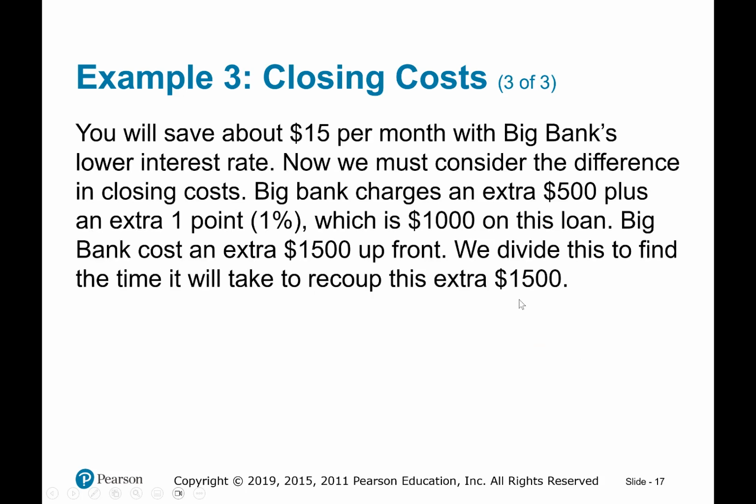So now you're going to save about $15 per month with the Big Bank's lower interest rate. Great. So now we're going to consider the difference in closing costs. Now, Big Bank is charging an extra $500 plus 1 point. And again, 1 point is on the value of the mortgage, which is going to be $1,000 because it's a $100,000 mortgage.